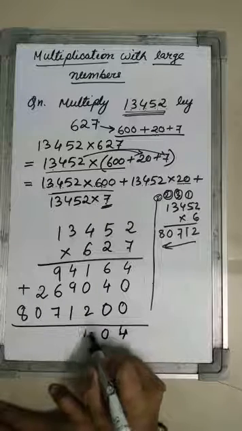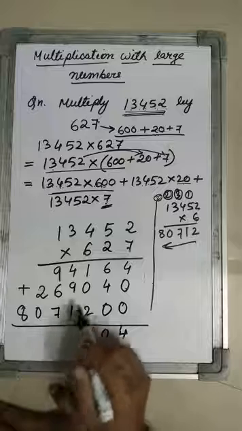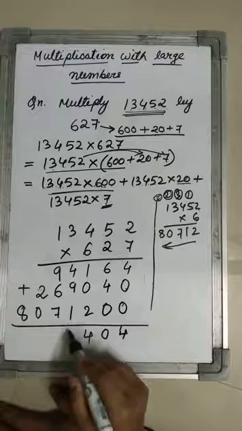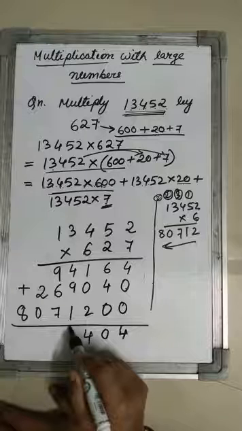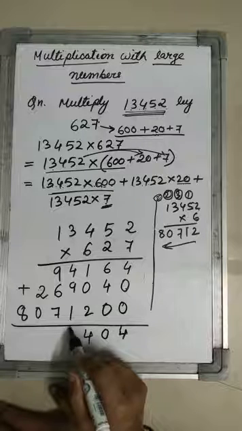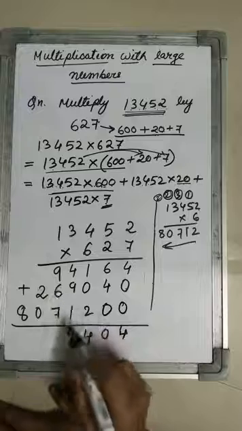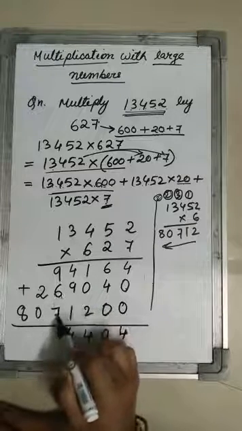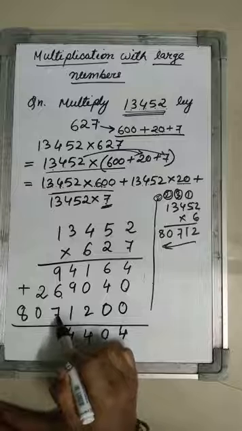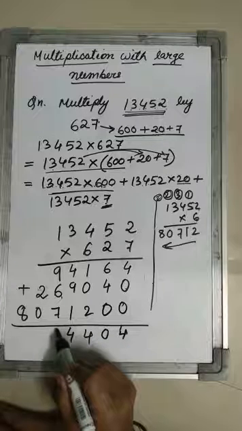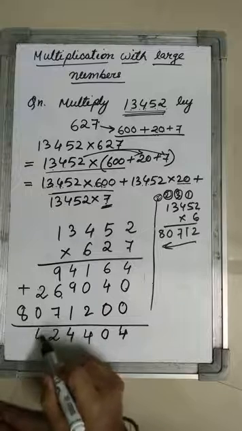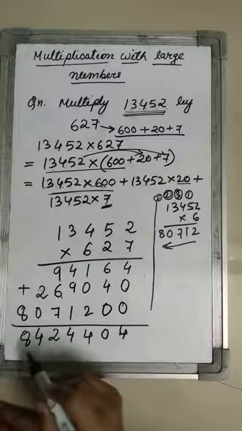Now add these three numbers. That is 4 plus 4, 8, then 1 plus 6 plus 7, that is 14. Then 9 plus 6 plus 7, 22, 4, 8.